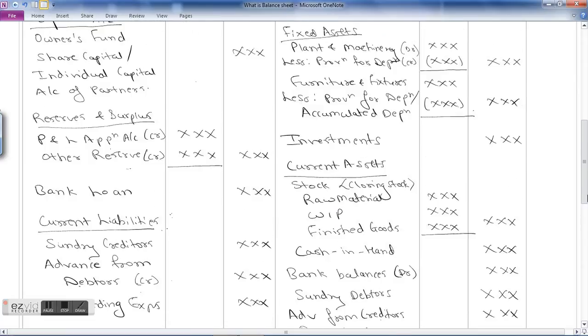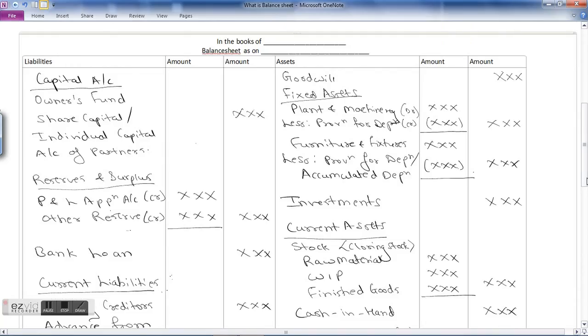Now if you see the balance sheet presented here, the assets and liabilities are presented in the order of their permanence. So long term assets are presented first, and then the short term assets are presented as current assets. Similarly, for liabilities, your capital account is presented first, then your long term liabilities, and then your current liabilities. Some may prefer to present the balance sheet in the order of liquidity of the assets also.